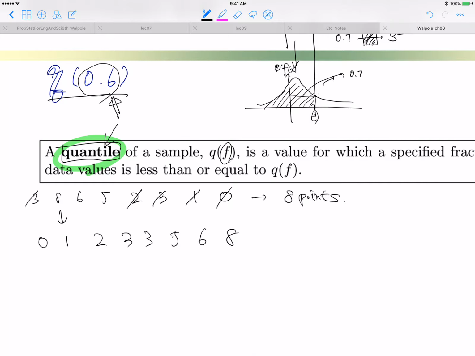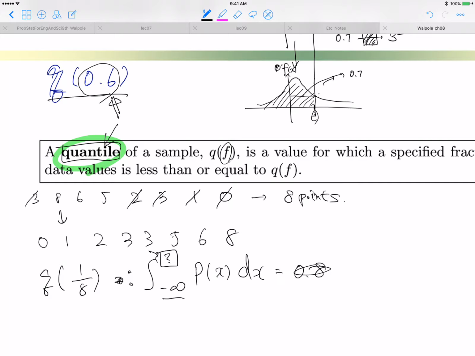And then what will be the quantile corresponding to 1/8? So we have to consider what is the value in this place, so that our cumulative distribution function, summed over this range, is equal to 1/8.